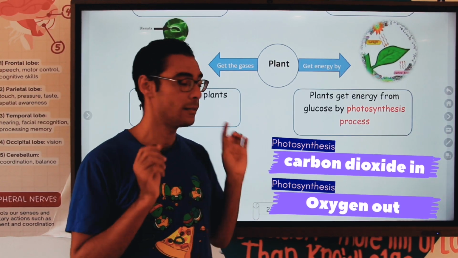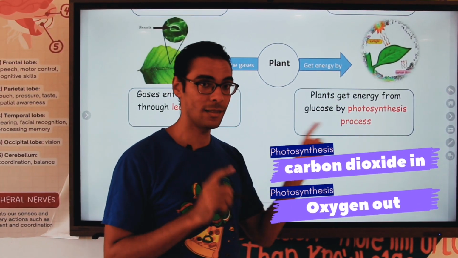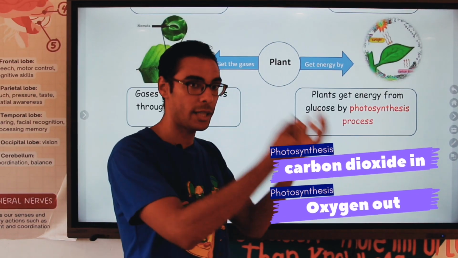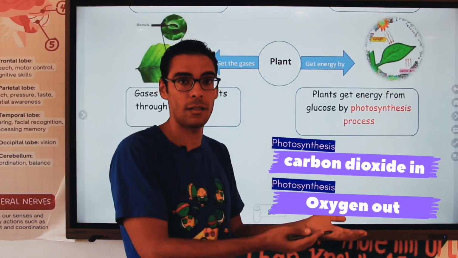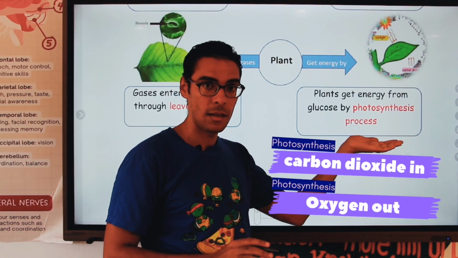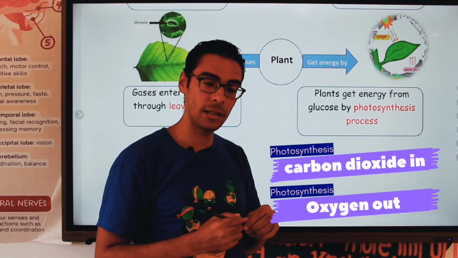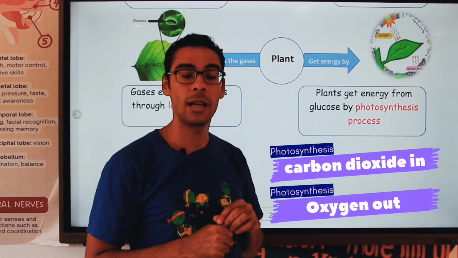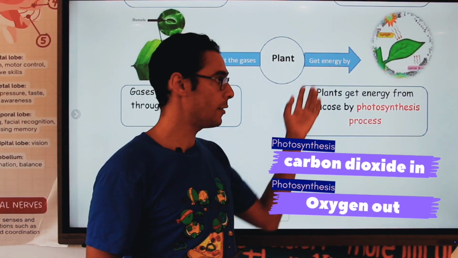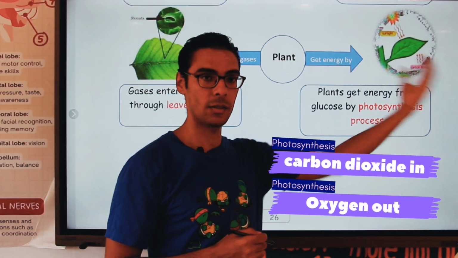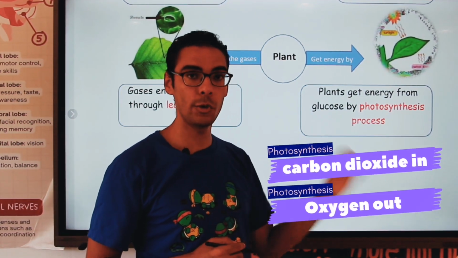Please take a look here: in photosynthesis the plant takes carbon dioxide for creating the food, not for breathing. Together, the plant can use these ingredients with the chlorophyll inside to produce the food, which is going to be glucose.